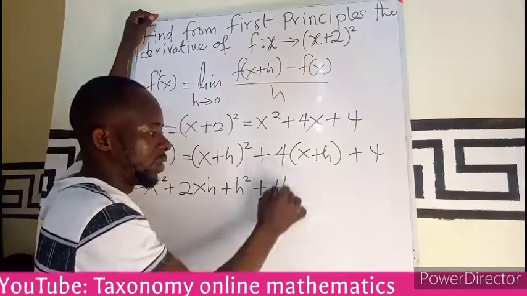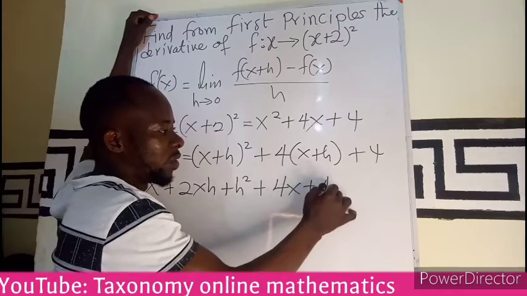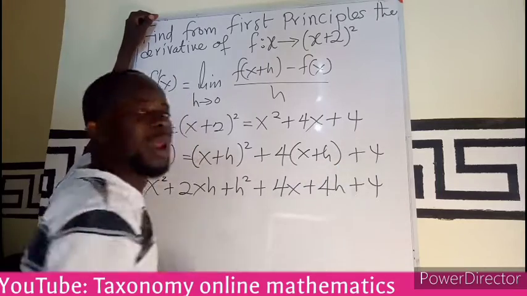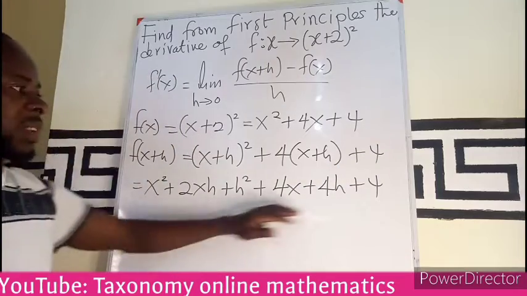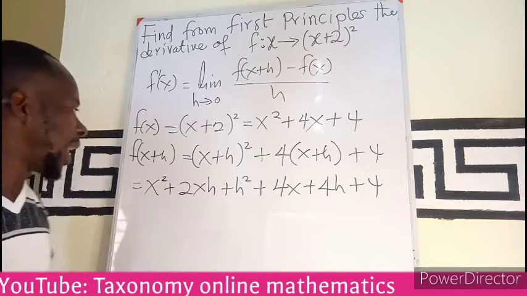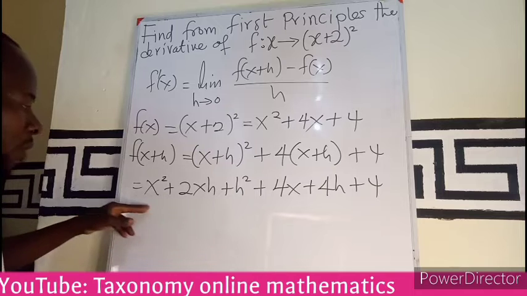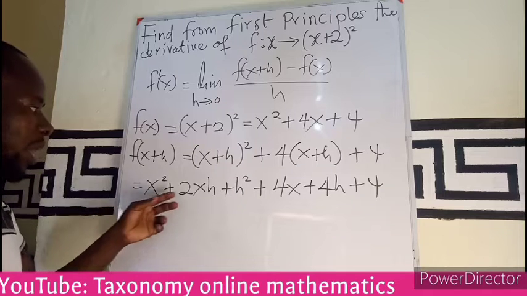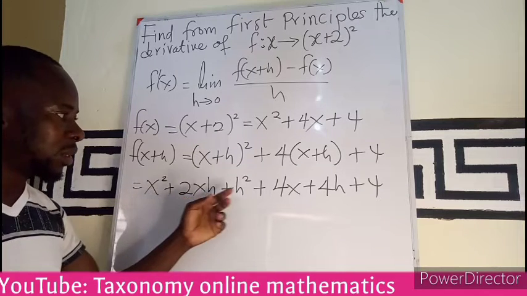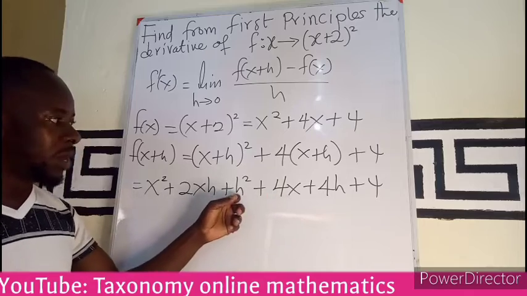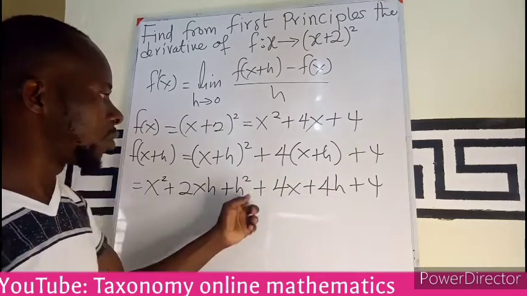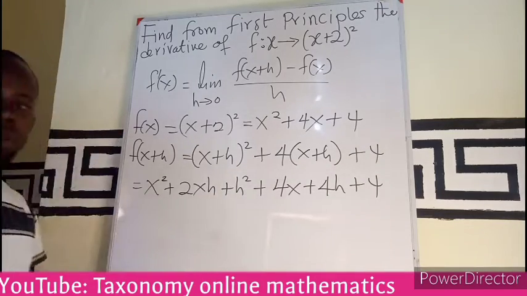So this is going to be 4x plus 4h plus 4. So the expansion will look something like this. We look through and see if we have like terms: x squared, xh, x, h, h squared, h. I think there is no common term here.